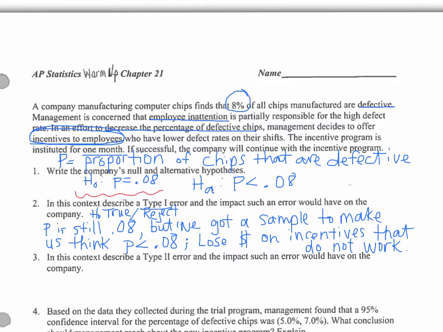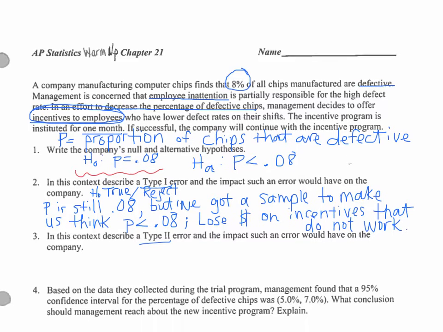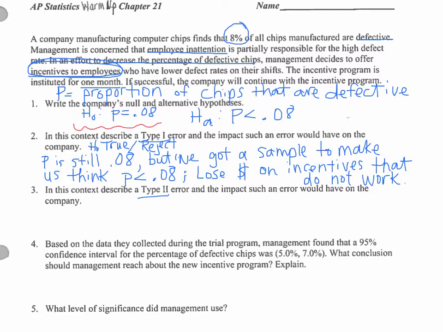All right. Now we're going to describe type 2 error. Okay, so our type 2 error is going to be that, let's see, no evidence. We got no evidence. So what we do is we fail to reject a false null hypothesis. Type 2 error. We fail to reject a false null hypothesis. That means that the defects are less than 8%. So the program's working.